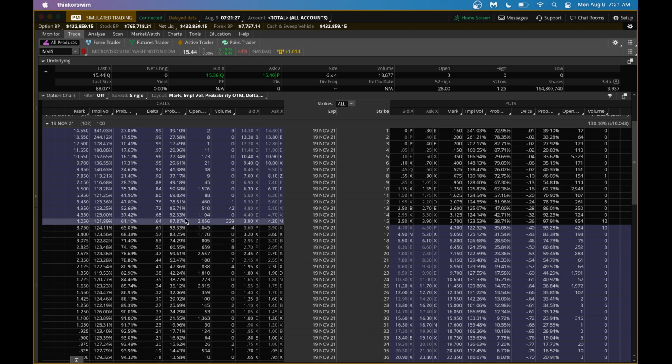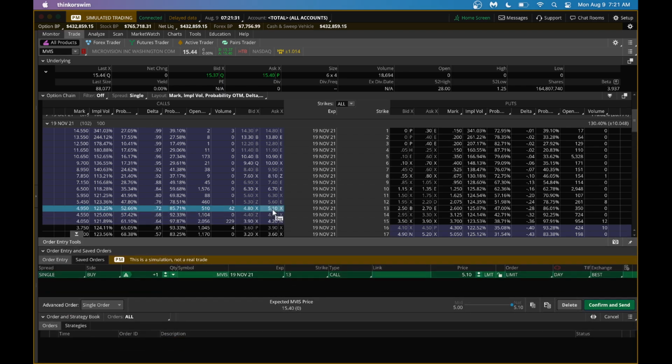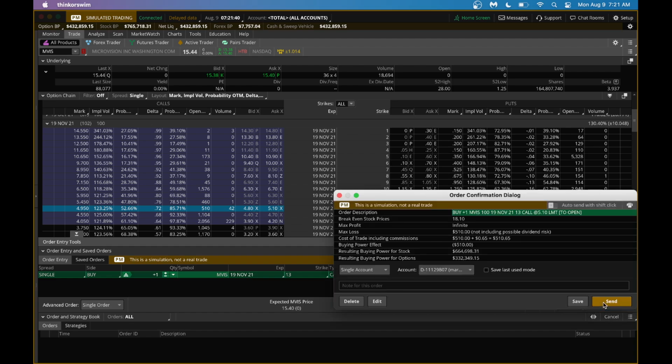As you see here, we got delta 72. That's good enough. You could pay $5.10 and buy a call option expiring on 19 November 2021 and confirm and send. If you do this, your profit potential is infinite, and your break-even price is $18.10.